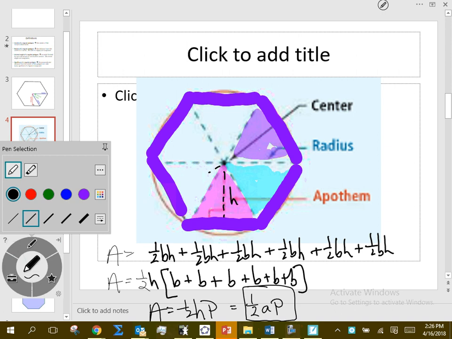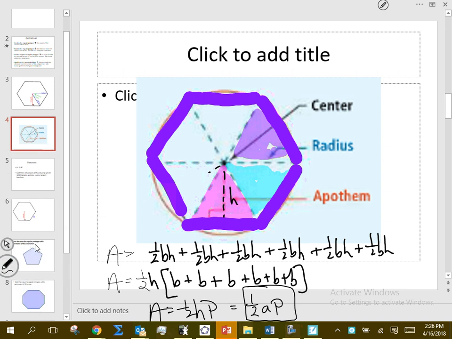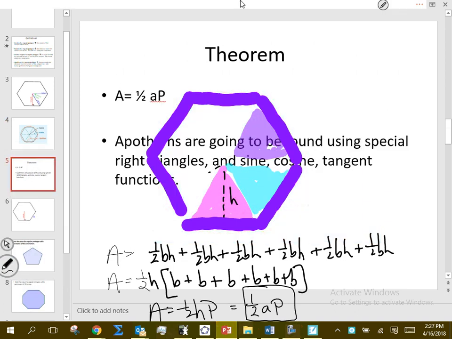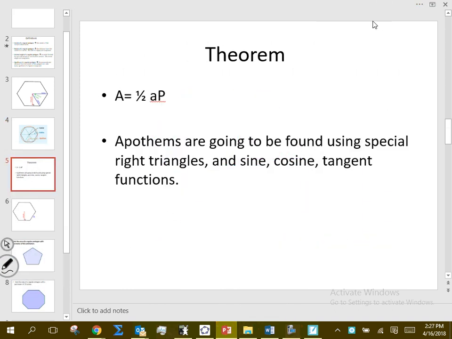Now, what is difficult about these types of questions, and what people struggle with the most, is that there's going to be information that's hidden to you. And that's what happens throughout this entire unit of area and volume. It's not 7th and 8th grade area and volume anymore. The formulas are still the same. We might write them a little bit different, but for the most part, they're the same. But I'm not going to flat out tell you, hey, this is A and this is P, because that's just plugging in, right?